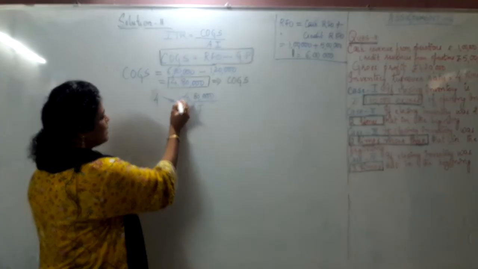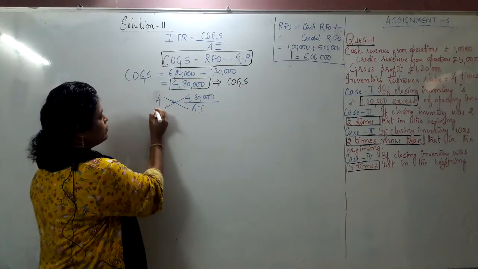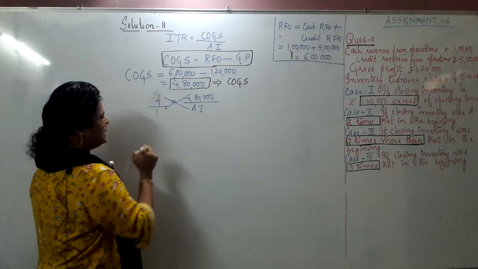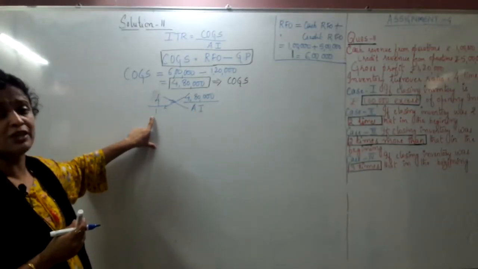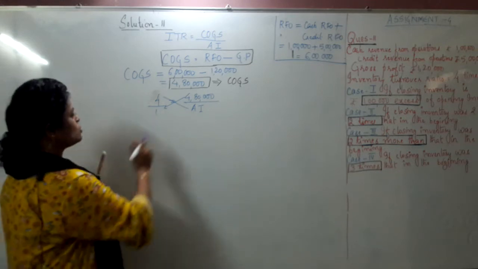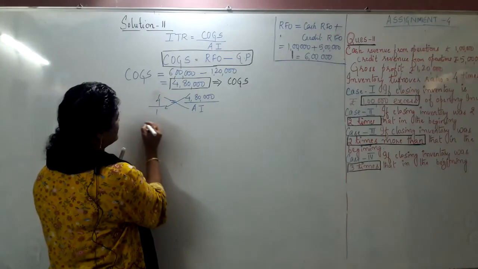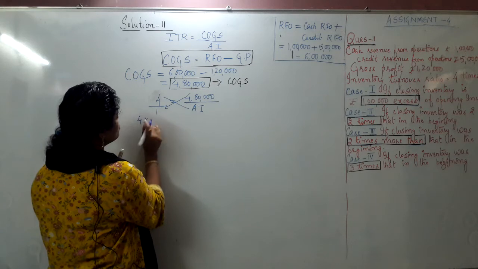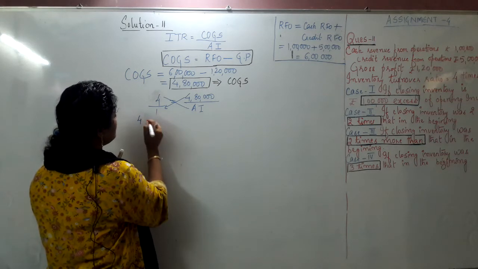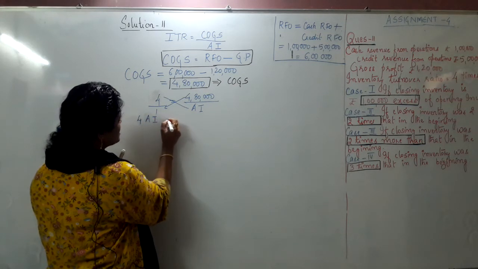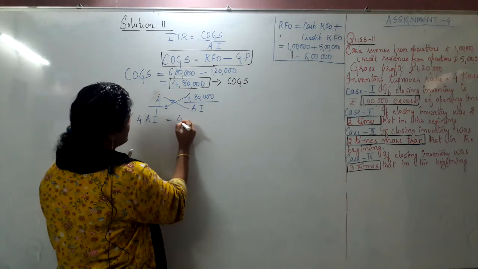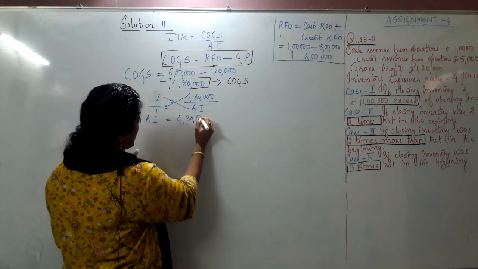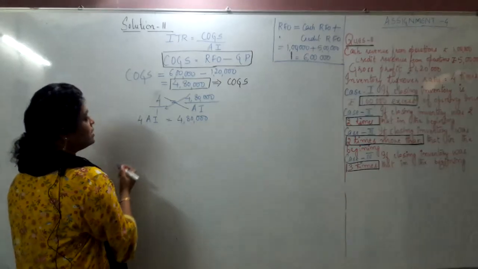Let's cross multiply this. Even if you want, you can write 1 like this, because every numerator has its invisible denominator, which is generally assumed as 1. So it is going to be 4 into average inventory equals 4,80,000.